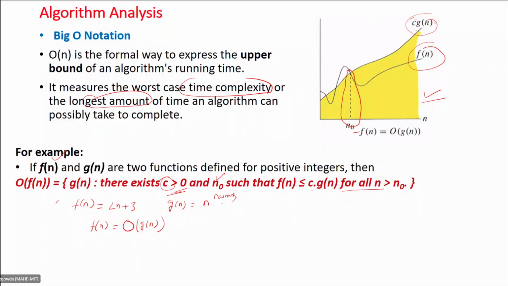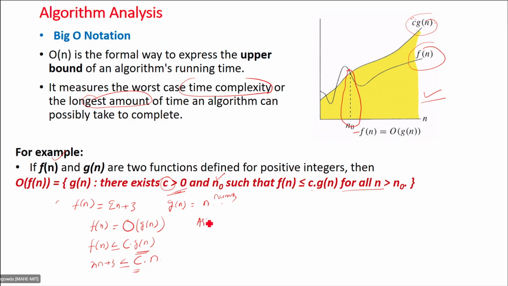That means we want to prove f of n is less than or equal to c into g of n. We know f of n is 2n plus 3, so 2n plus 3 should be less than or equal to c into g of n, that is n.